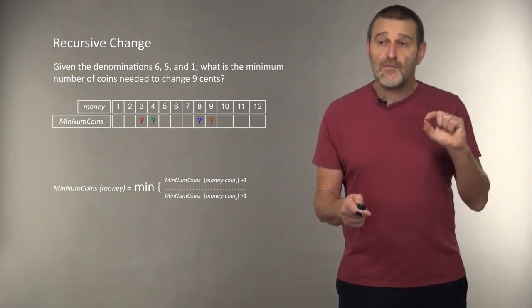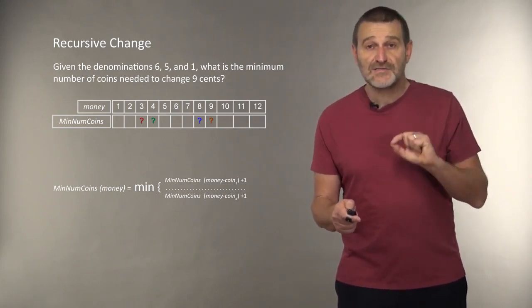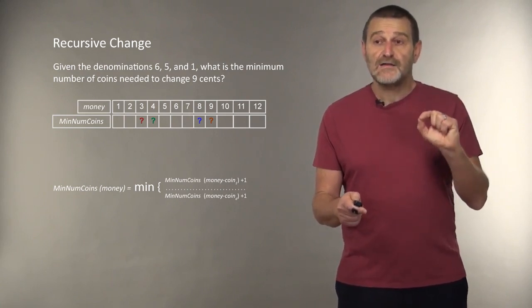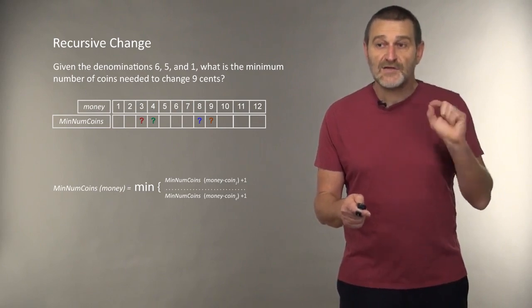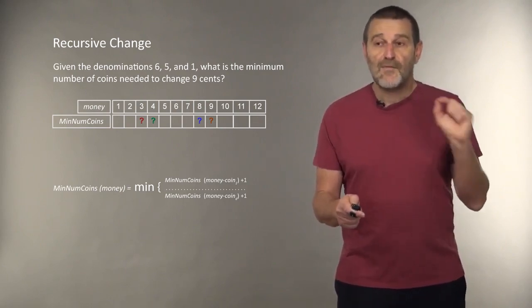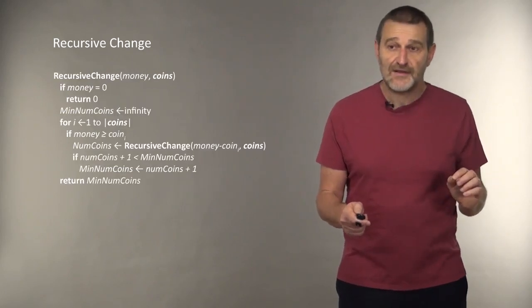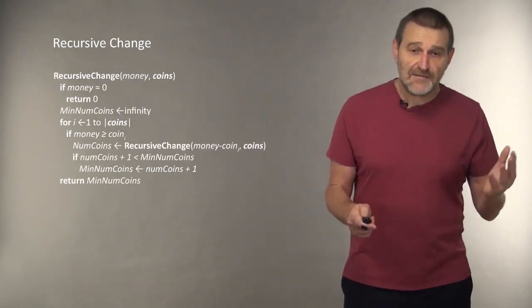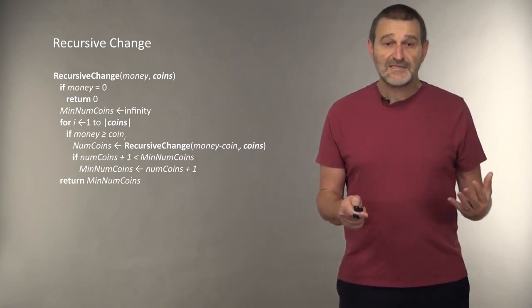It is the minimum number of coins for money minus coin 1, or the minimum number of coins for money minus coin 2, and finally the minimum number of coins for money minus coin D, plus 1 for all these values. And there is a simple recursive change algorithm that implements this approach.